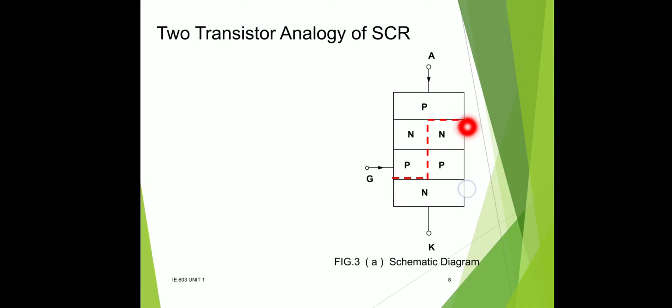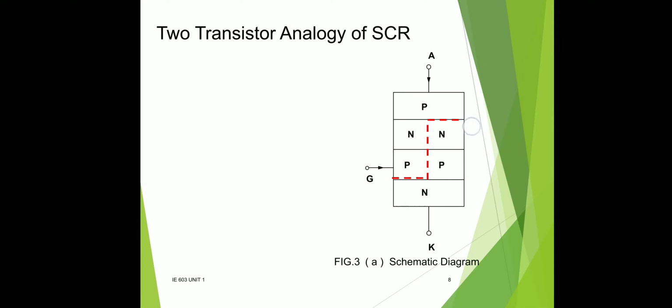That means J1 and J3 are forward biased and J2 is reverse biased.